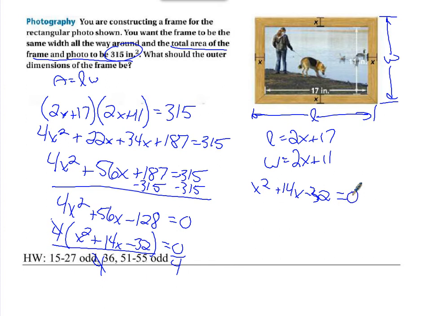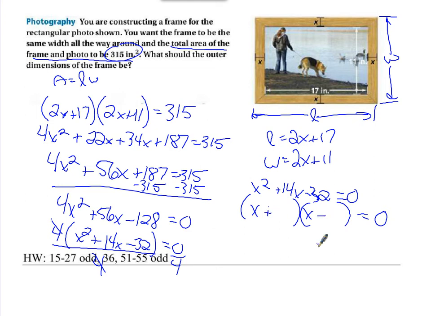Now what? Factor. Do I need the box method here? No. Did I need the box method here? Yes. But I don't anymore. So, what do? Yep, breaks into a FOIL problem. X and X. One's positive, one's negative.